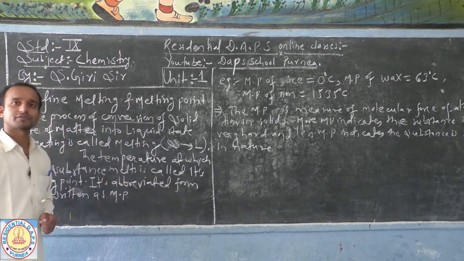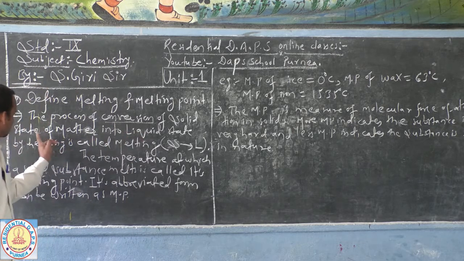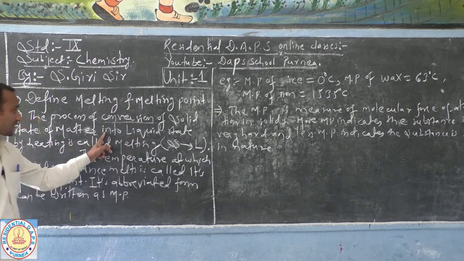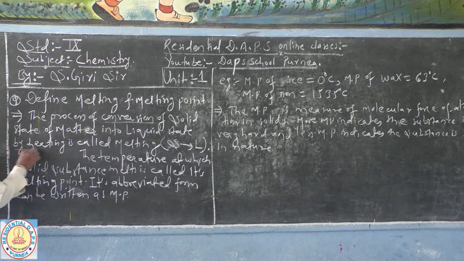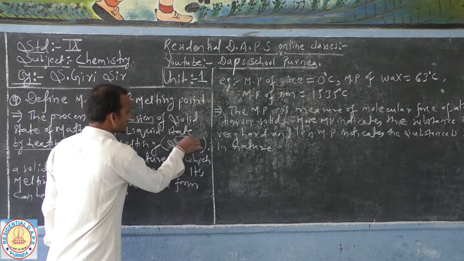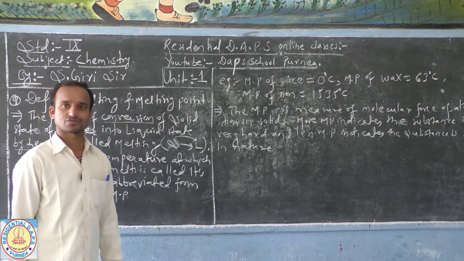The process of conversion of the solid state of matter into the liquid state on heating is called melting. Solid changes into liquid on heating is known as the melting process.